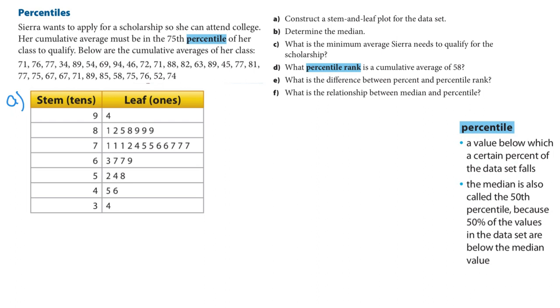Then it asks us to determine the median. There are 30 data values, which means that 15 of them would be on the top end and 15 of them would be on the bottom end. If we count, there is 1, 2, 3, 4, 5, 6, 7, 8, 9, 10, 11, 12, 13, 14, 15.